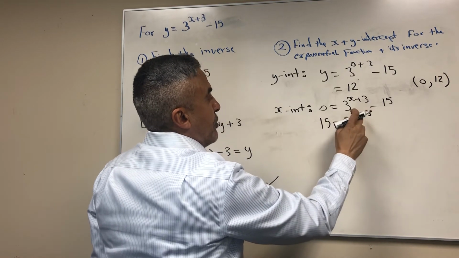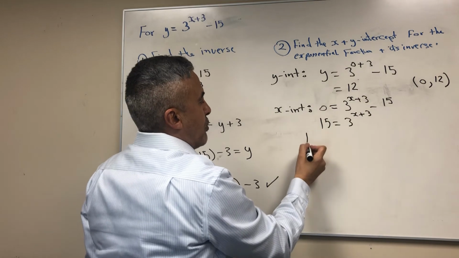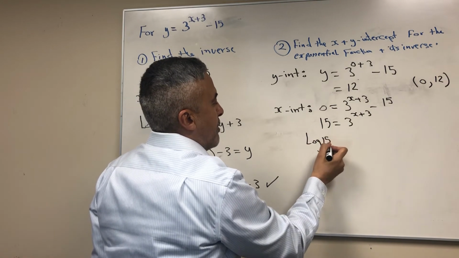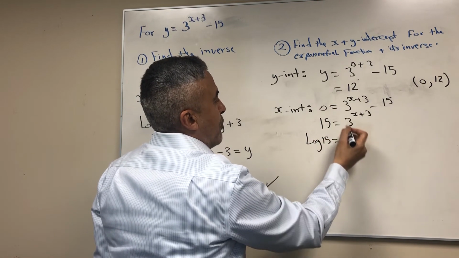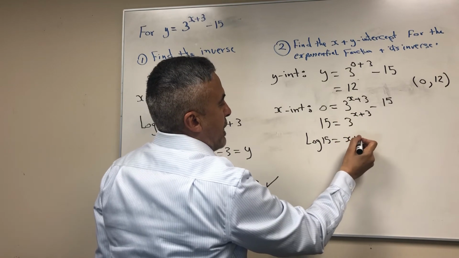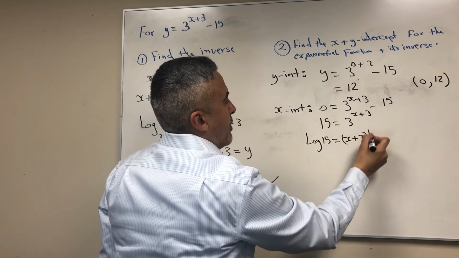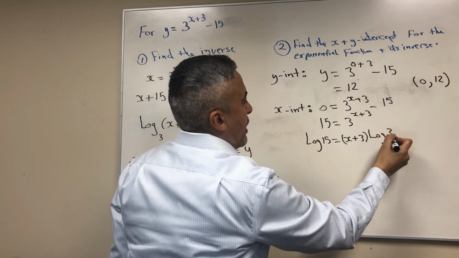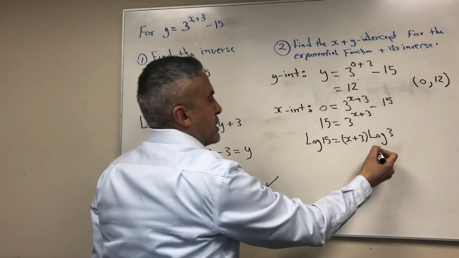If we want to solve for this exponent right here, we have to log both sides. So log 15 equals, when we log this side, the x plus 3 will come down. That's the reason we log both sides, times log 3. Now I just divide both sides by log 3.